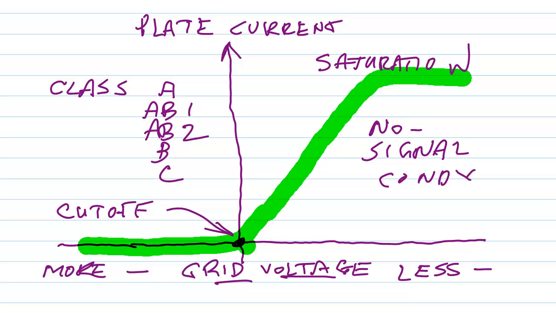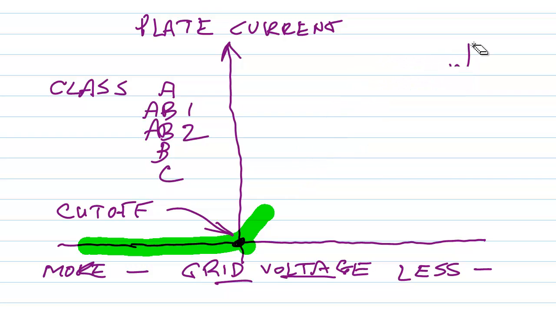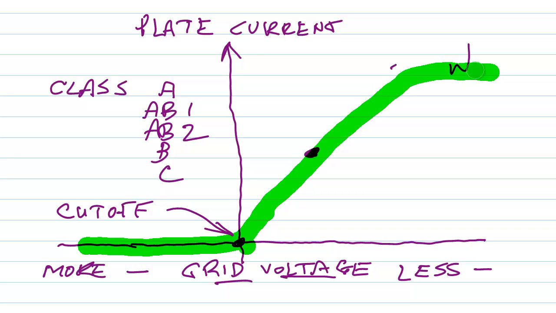If you bias the tube right in the middle of the straight line portion of this curve under no signal conditions, well, let's redraw that curve, and you bias it right there in the middle. Let's suppose you just bias it right here.